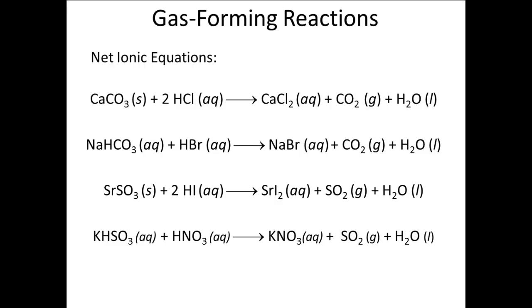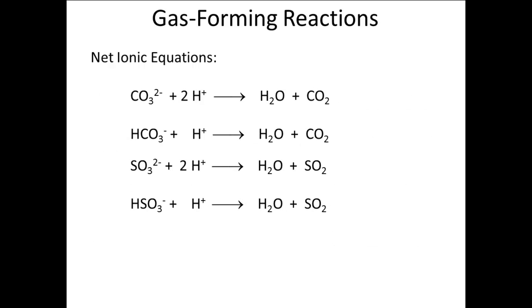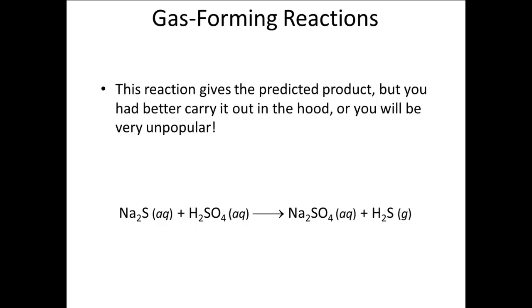The net ionic equations for these reactions involve just the H plus and the negative ion as reactants, and the gas and H2O as products. This one is dangerous and smelly.